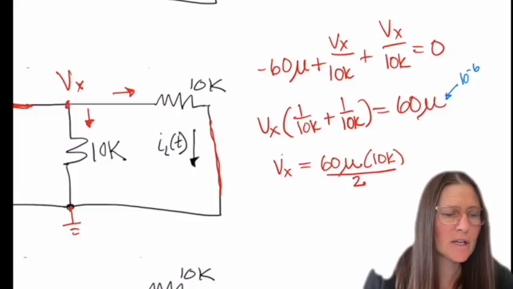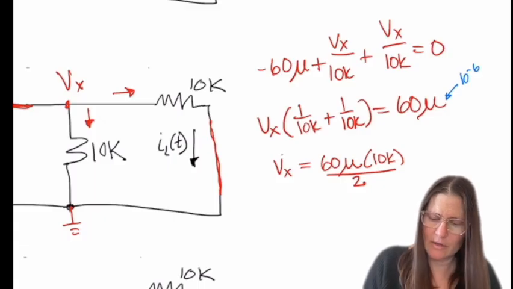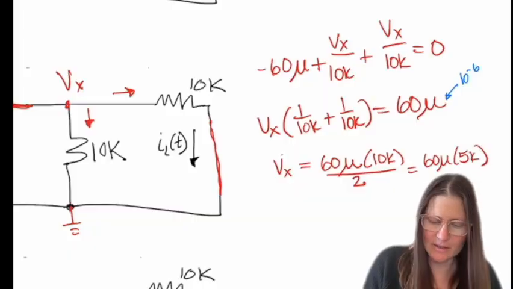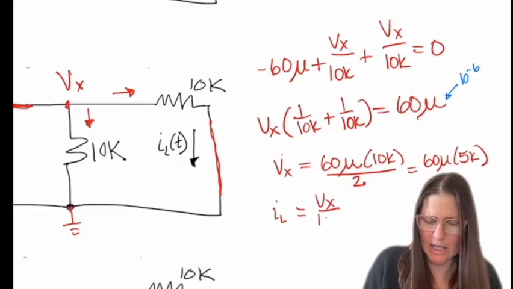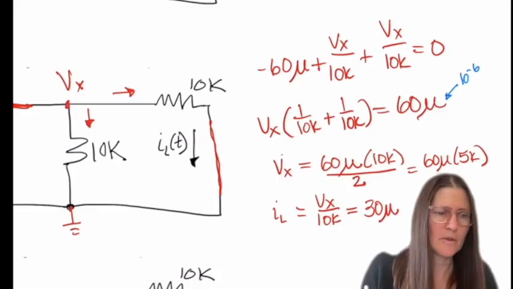So that ends up being 5K times 60 micro, whatever that is. And then IL is Vx over 10K, so 30 micro.